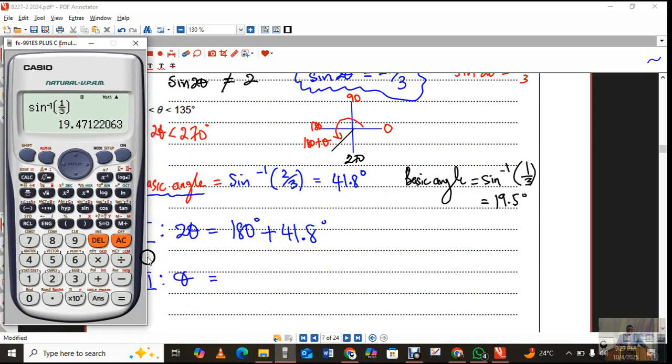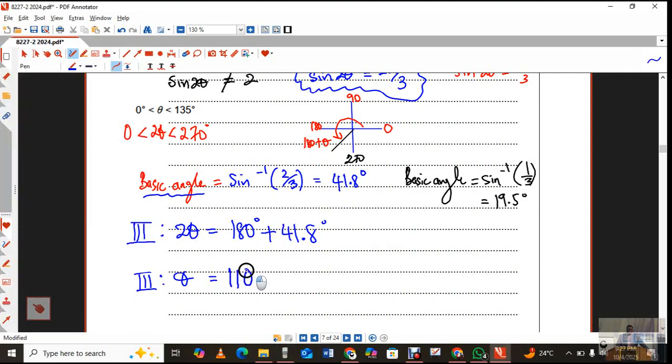So we have 180 plus 41.8. We divide that answer by 2, 110.9 degrees, which is within our original domain. So that is a solution.